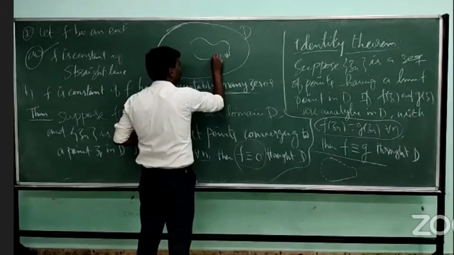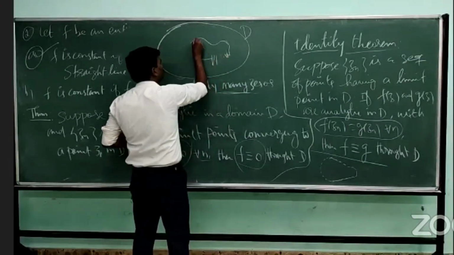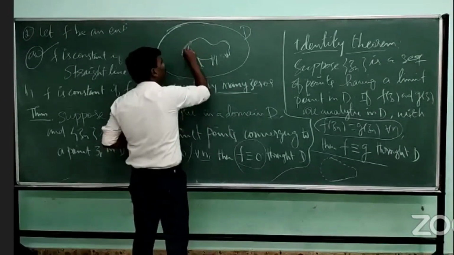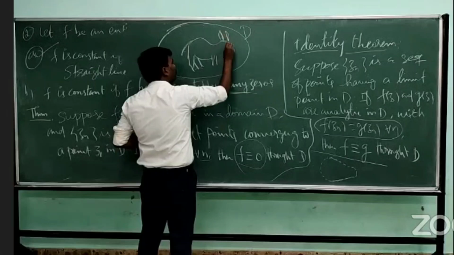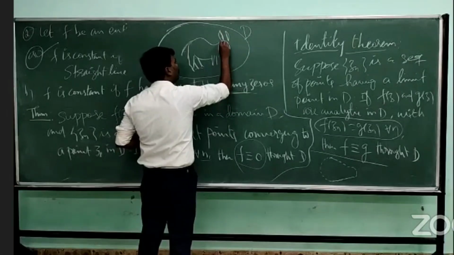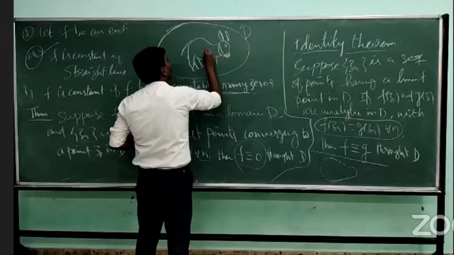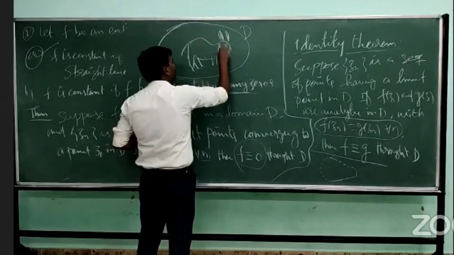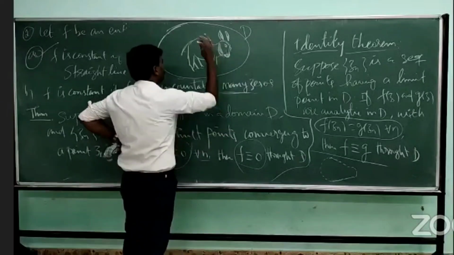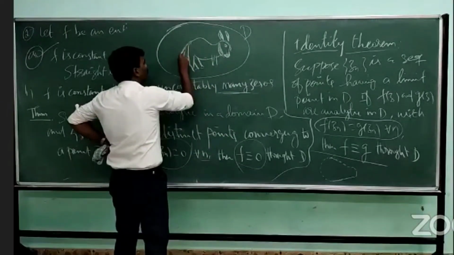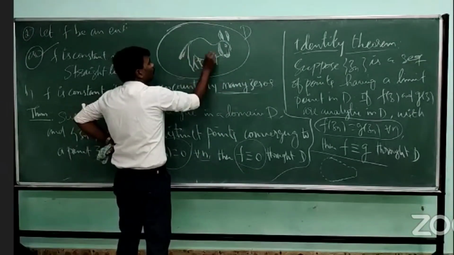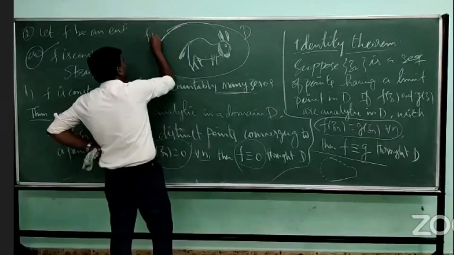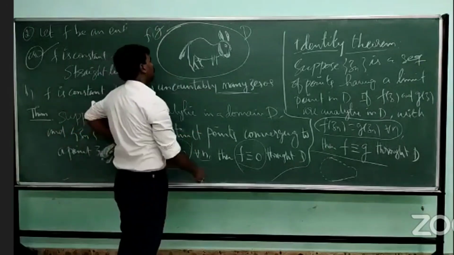I draw some animal; I'm not very good at drawing. I don't know which animal, but this is just rough. This is your D, and F and G are analytic in it.